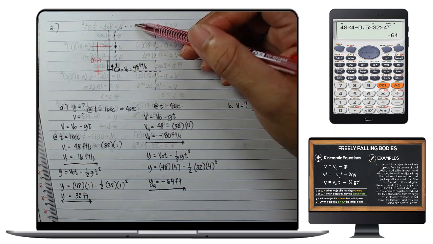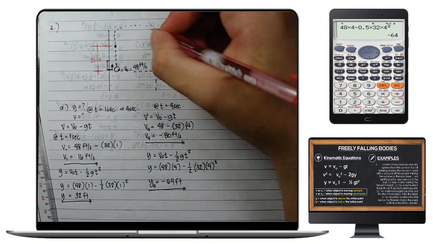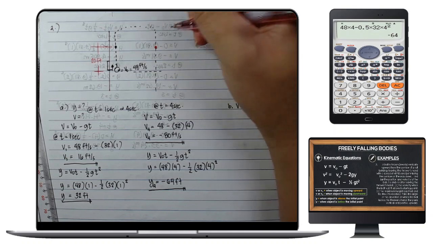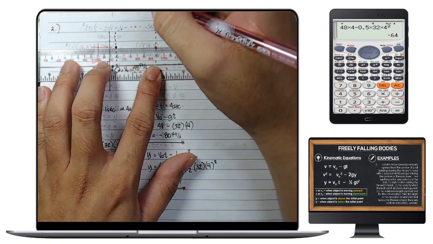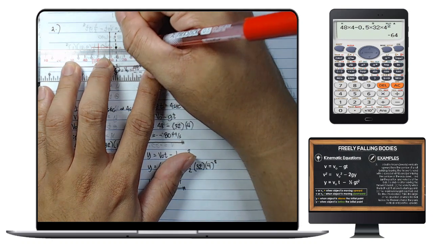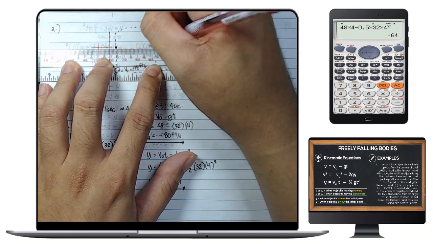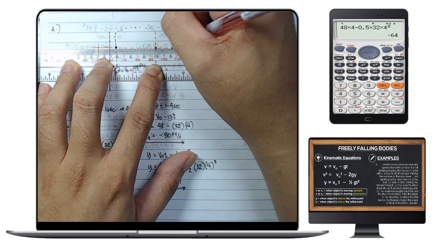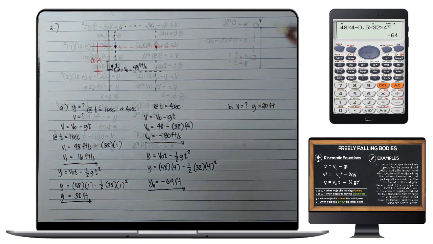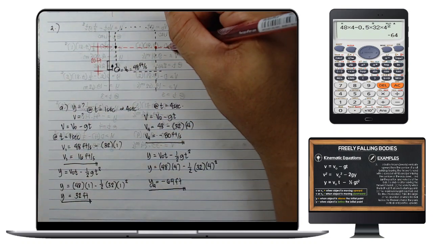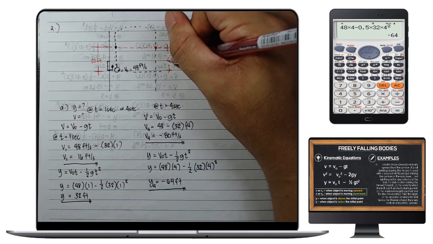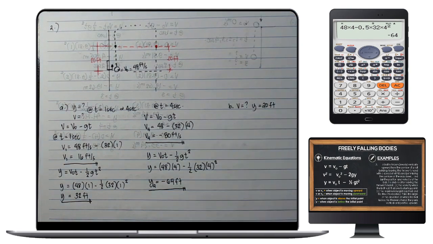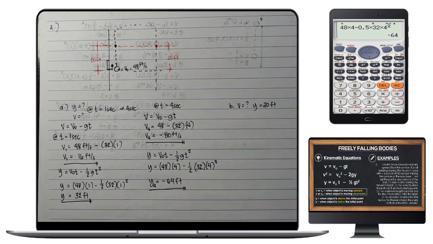And when it reaches the maximum point, it will go downward. So at this point, this is the same 20 feet. So, diba? 20 feet din yan. Okay? So, another 20 feet. So, this is also 20 feet. Okay? This point is also 20 feet and it is also 20 feet above the initial point.